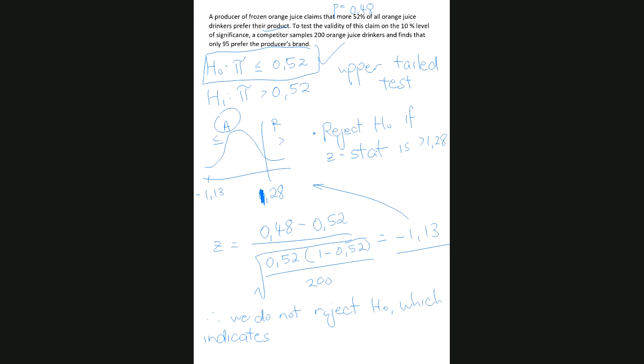So we'll say that this indicates 52% or less people prefer this orange juice, or you can say this producer's orange juice. I'll just write OJ, just an abbreviation for it, but you can write that out in full.